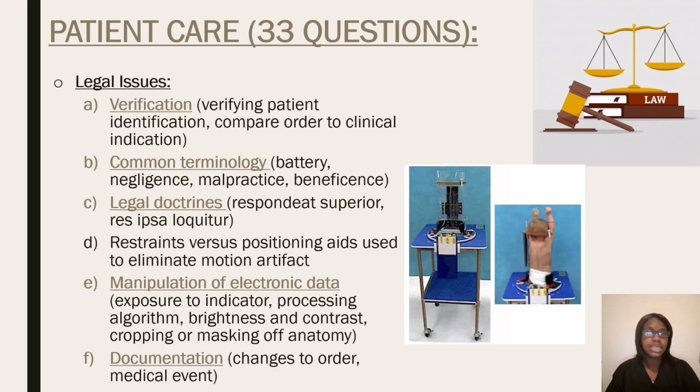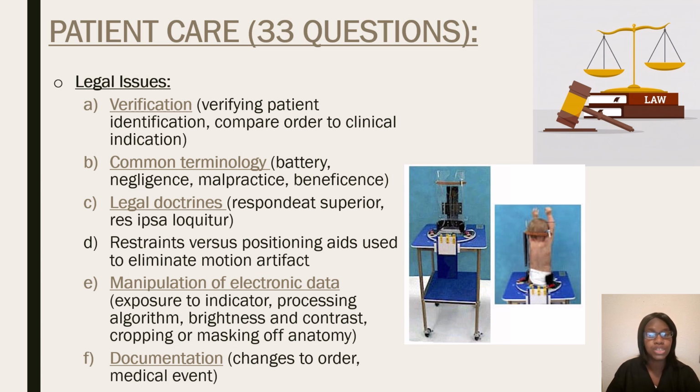For the patient care section, there will be about 33 questions. For this video, we'll talk about legal issues. It will cover verification, which is verifying your patient identification, compare the order to the clinical indication. We'll talk about common terminology such as battery, negligence, malpractice, beneficence. We'll also talk about legal doctrines, respondeat superior, res ipsa loquitur.